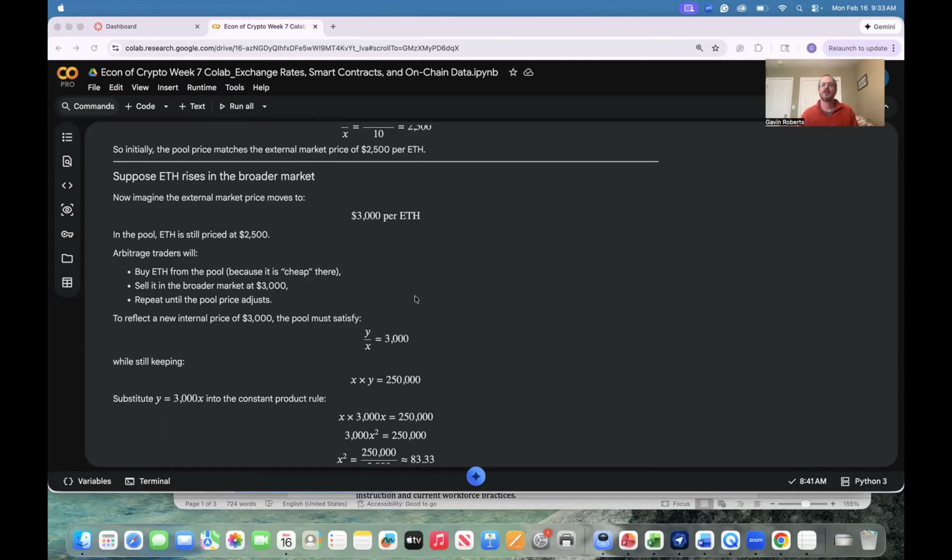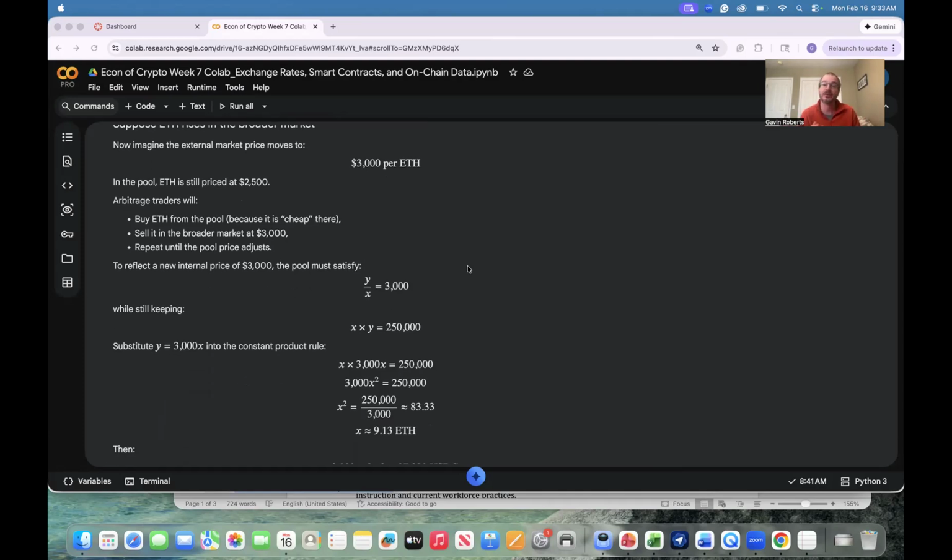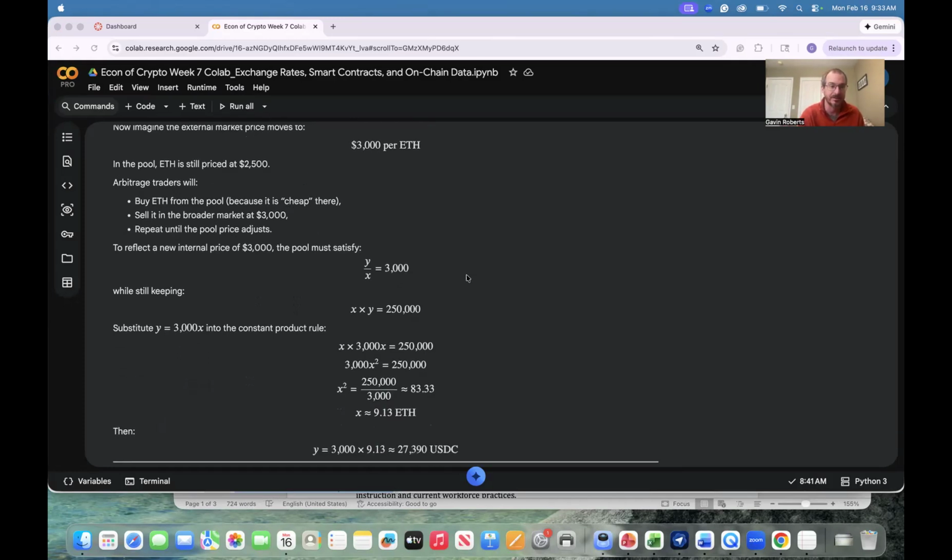So we don't need a centralized exchange. Just the self-interest of those arbitrageurs will lead the 2,500 to the 3,000. So that's how the liquidity provider pool can help increase the liquidity in markets and make it really quick and easy to make trades and get price stability across different places where we might see Ethereum prices.